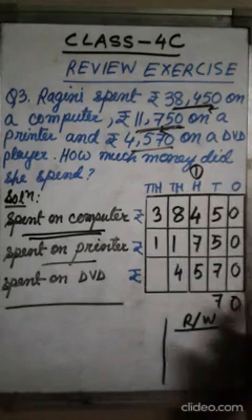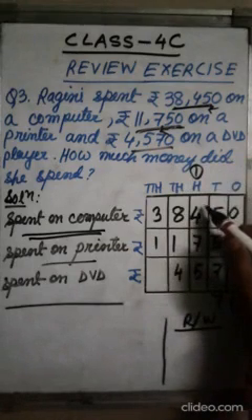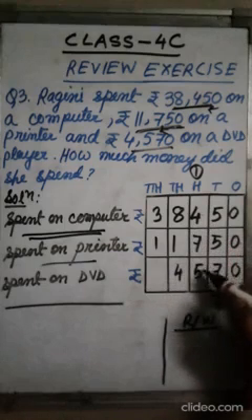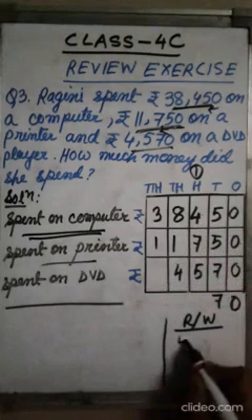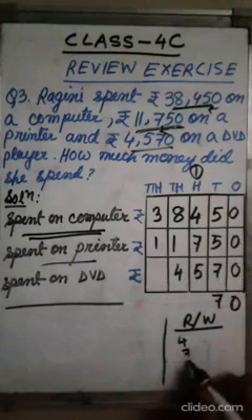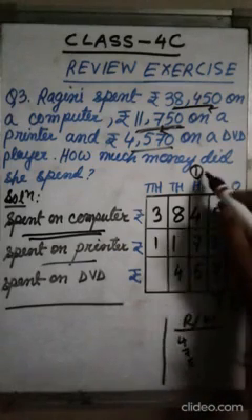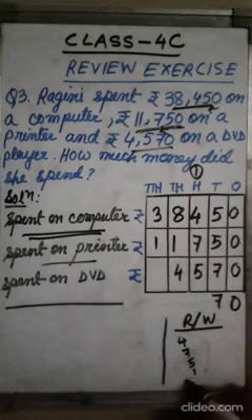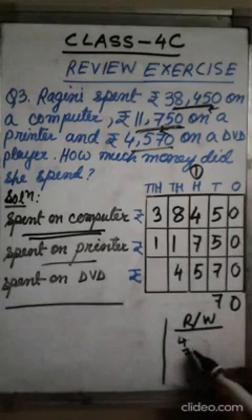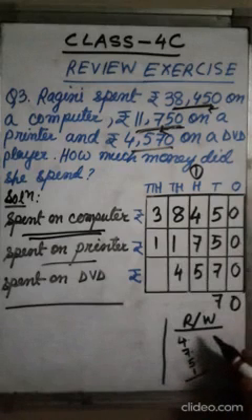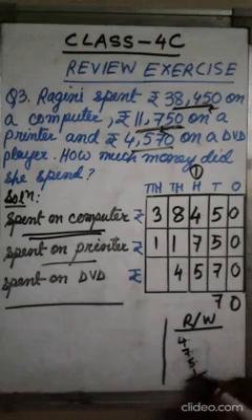In the next place, 4 plus 7 plus 5, plus the carry. So it will give us 4 plus 7, 11 plus 5, 16 plus 1, 17.